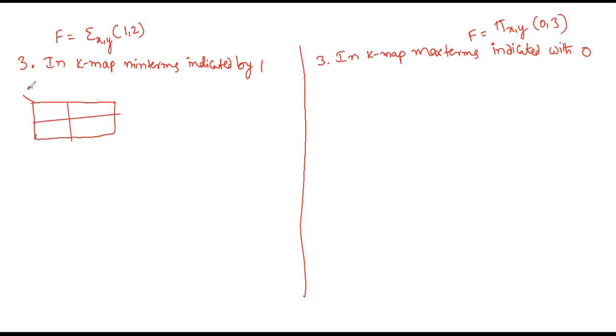Okay, we are using a two-variable K-map. Wherever the minterm is 1, keep 1 in the corresponding boxes. Here it is 1, M2 is 1. Now come to here.